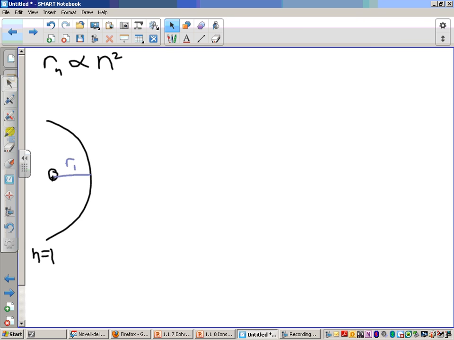Now when I talk about the position of the second orbit, how far out do I have to draw it? I'm starting with the first orbit, and now I'm going to the second orbit. I'm doubling the orbit number. But the orbit's radius is related to the square of that number. How far out am I going to have to draw this compared to the size of the first orbit?